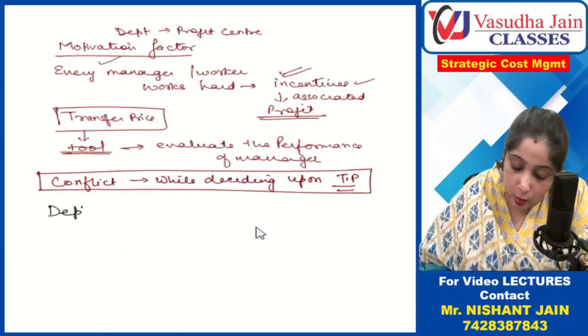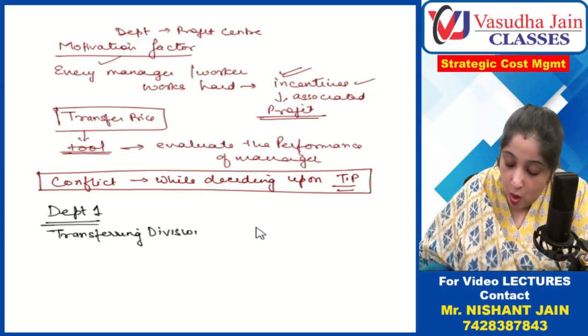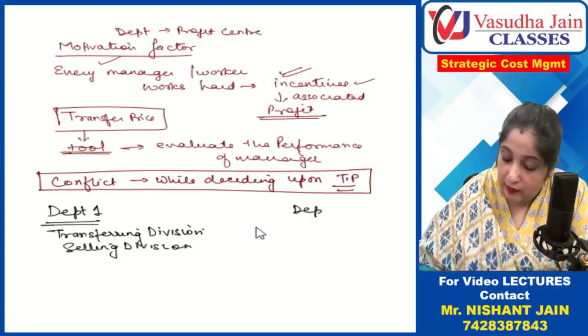The department who is transferring the goods is also called the transferring division, or we can say it is a selling division because it is selling its goods. And the department who is receiving is also called the buying division or receiving division or department.